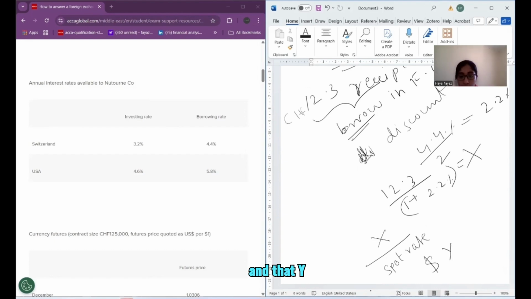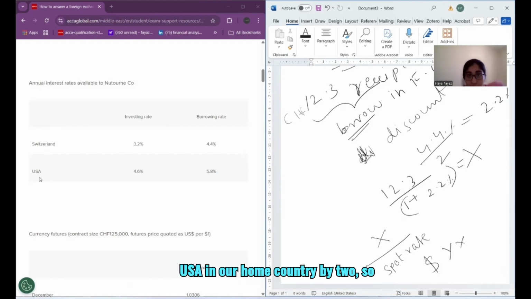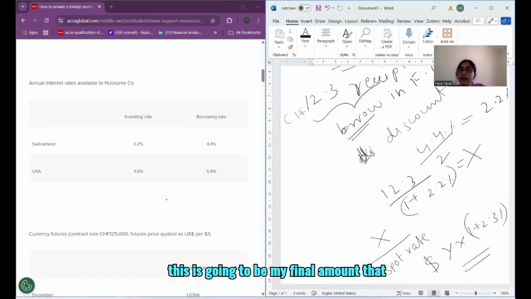So Y times the investing rate of 4.6. Since it is again deposited for only 6 months, we divide the investing rate of 4.6 in USA, our home country, by 2. So 2.3, right? 1 plus 2.3%. This is going to be my final amount in my bank, and I am certain that this is the amount.